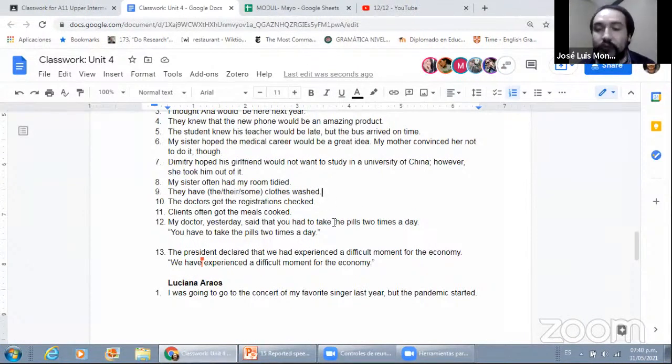Simple present goes to simple past. Very good. In number 2, the president declared that, let's read the original, we have experienced, right? That is present perfect. And present perfect changes to past perfect. Very good. The president declared that we had experienced a difficult moment for the economy. That is perfect. I see no mistakes there with me.